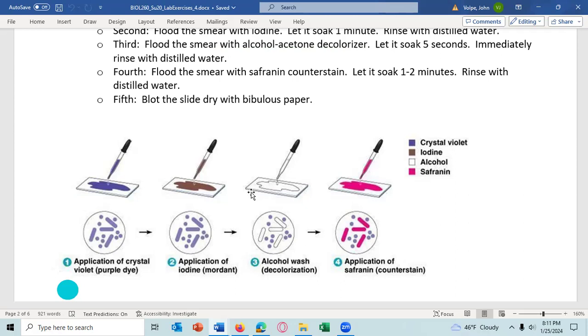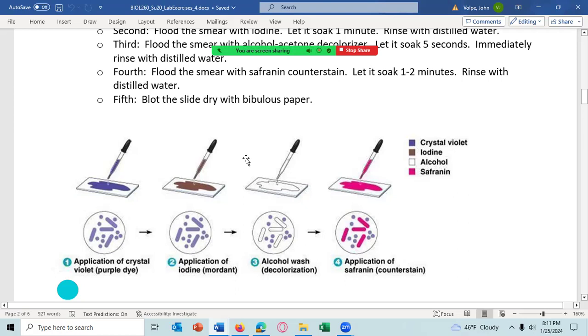When the blue stops running, that's when you should stop the decolorization step, and then quickly wash the slide in cold water.